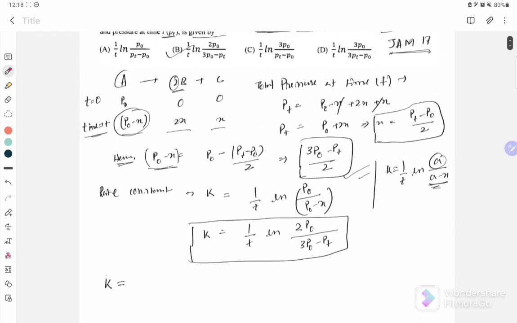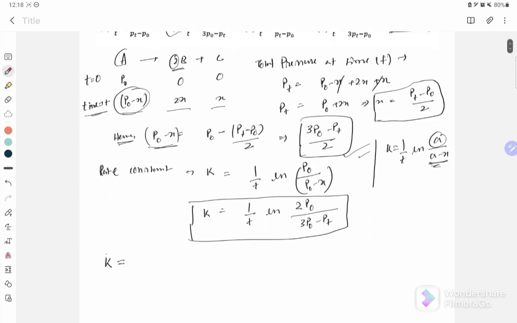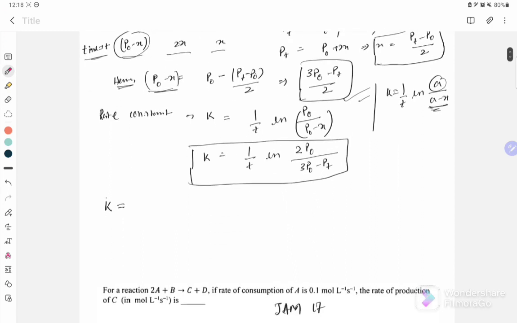You can forget the short trick in the exam, but if you know the concept you can derive the whole equation. The short trick is to do the question quickly.